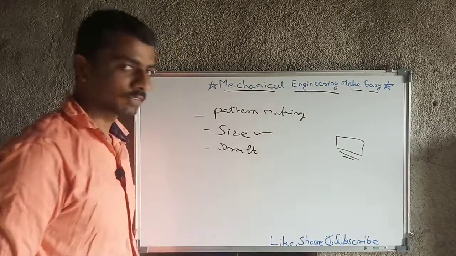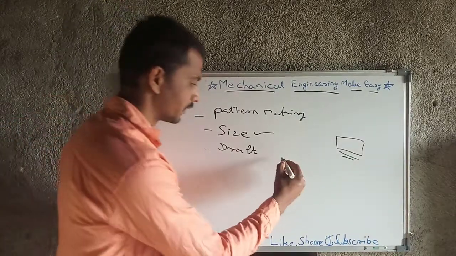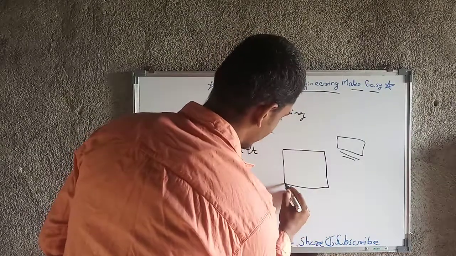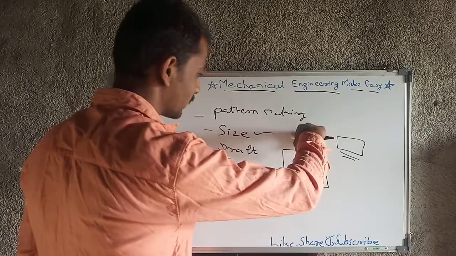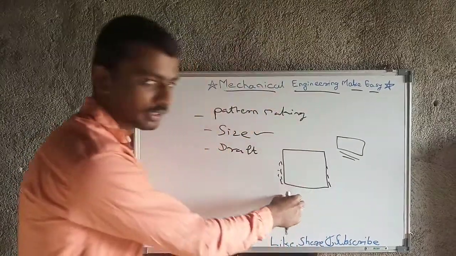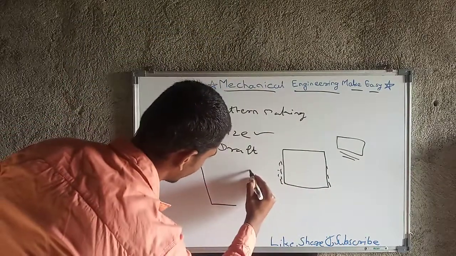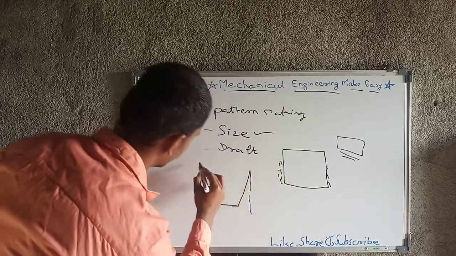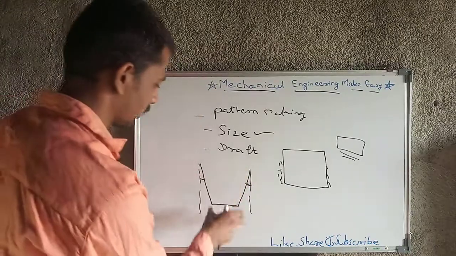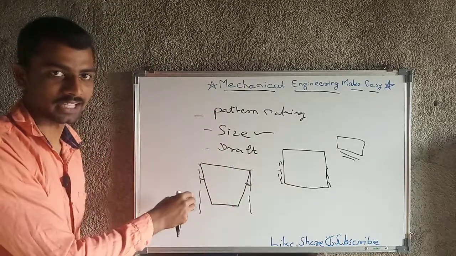What exactly does draft allowance mean? For easy removal of the pattern we are going to give some taper. For example, assume this rectangle we have to manufacture with casting, but while removing the pattern there may be chances that the sand available here may collapse downward. So for that we will give some taper here, so that easy removal of the pattern takes place, and because of that the sand will not collapse.